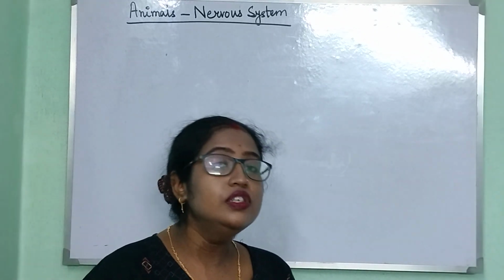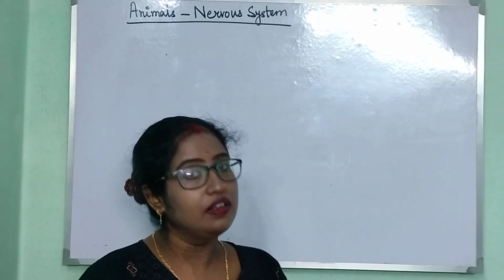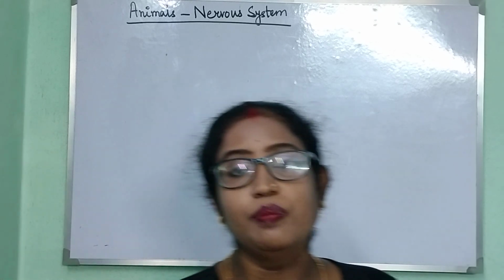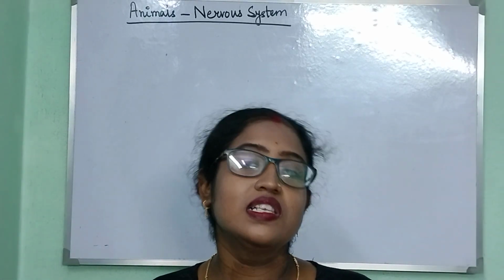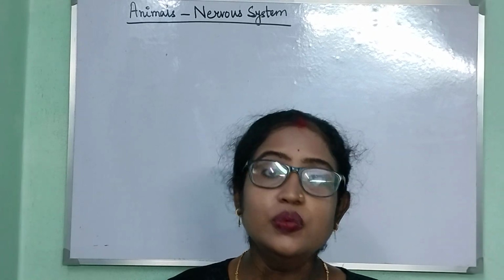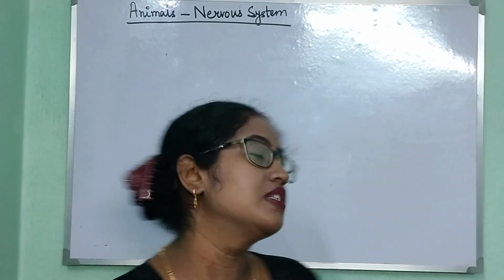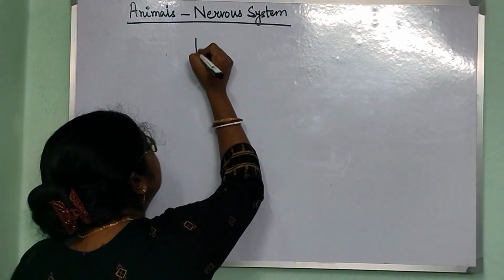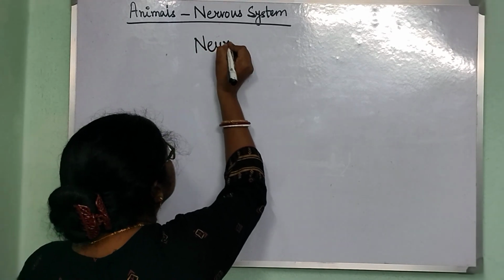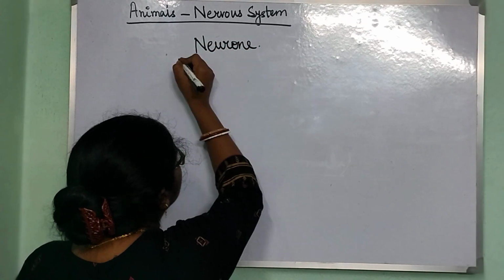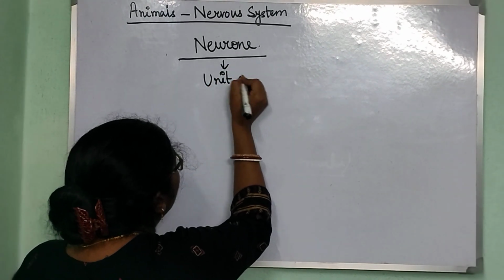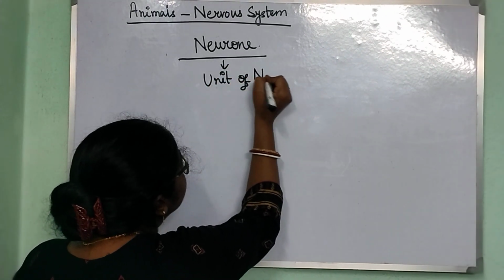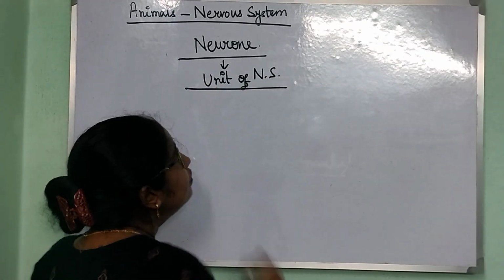We know that the unit of the lung is alveolus, the unit of our body is the cell, the unit of the kidney is nephron. Similarly, the unit of the nervous system is known as neuron. So neurons are the unit of the nervous system.